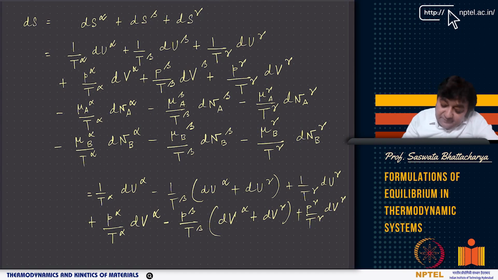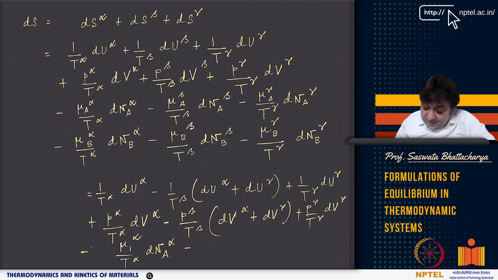And then we have the mu's, the mu's also we can do the same thing. So instead of mu A and mu B separately, just writing this as minus mu I, I can be A or B, mu I alpha by T alpha dNI alpha, where I can be either A or B. So basically we sum I over A and B. So we have this sum, right?